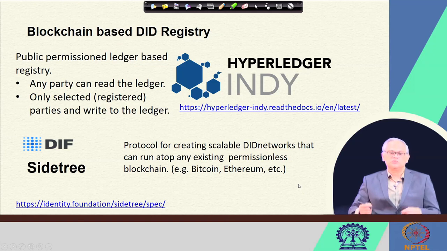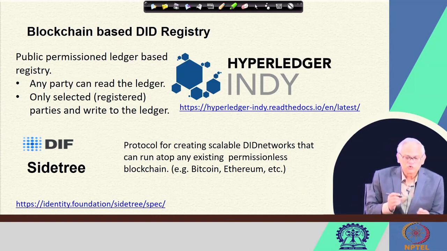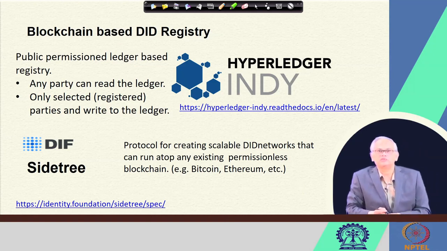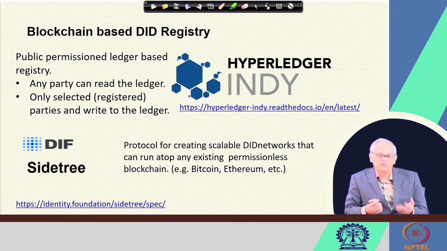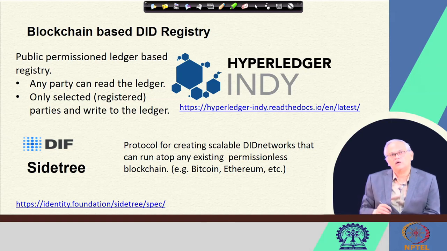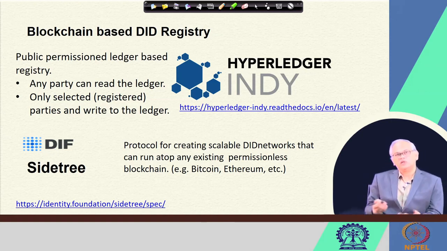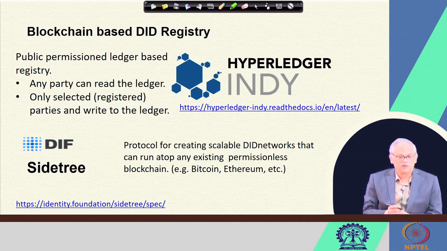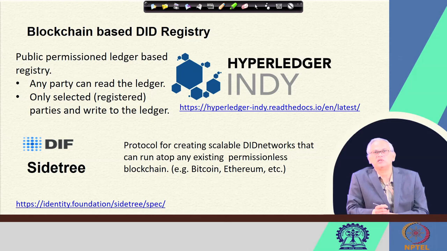Now, which of these blockchains? We have Sidetree, which is a protocol for creating scalable DID networks, and it can run on top of any existing permissionless blockchains like Bitcoin, Ethereum, etc. You can take a look at their details from the website mentioned here.